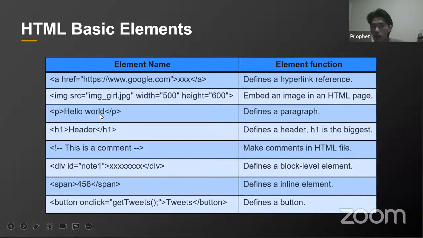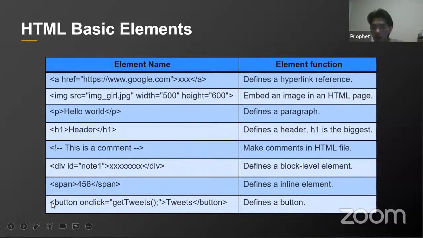But what if you want to only change the word world in this sentence, and don't want to change the hello? Maybe you can use span. You can put span here and use span to describe the word text, and then give another ID to the span. So it will give the word a specific ID. Then you can change this ID's character. Then only the word character will be changed.